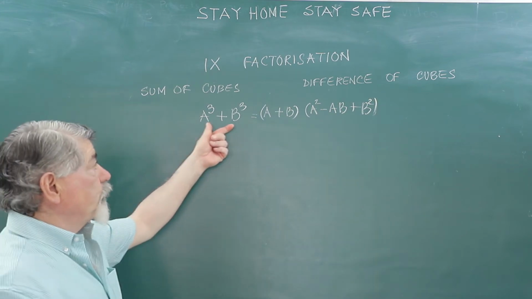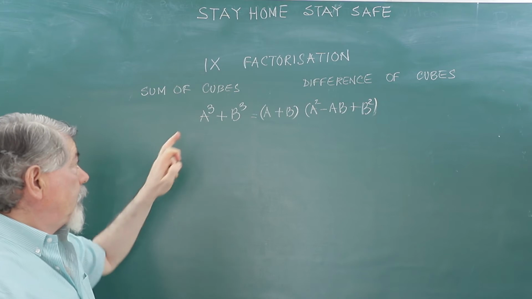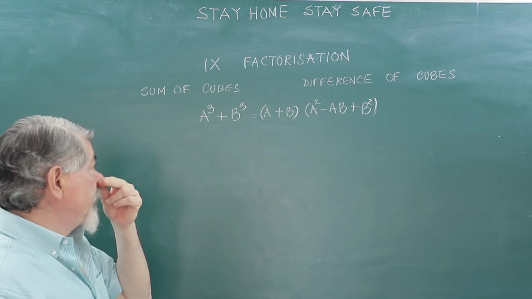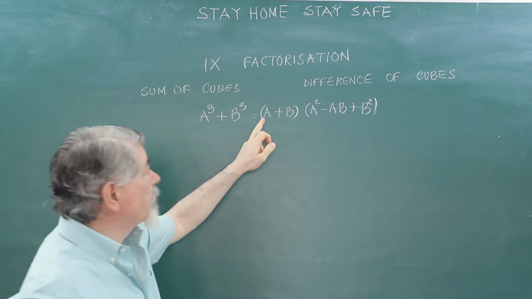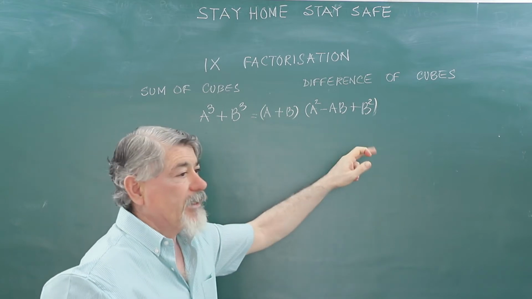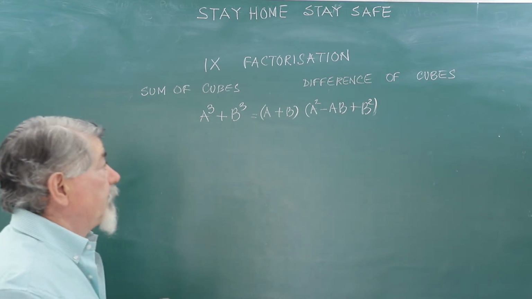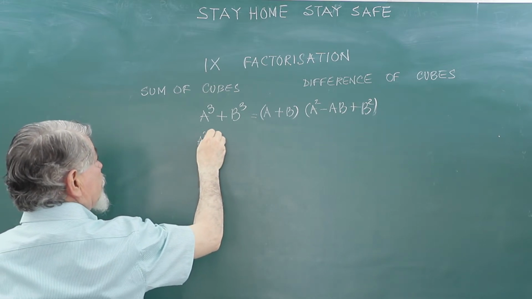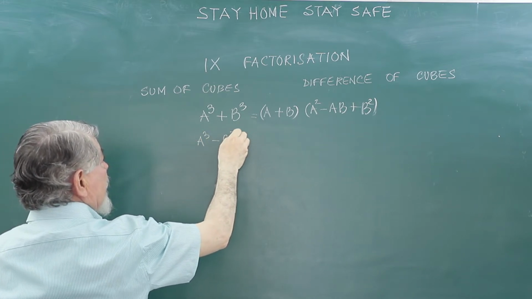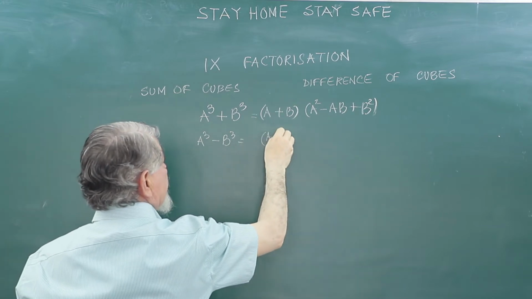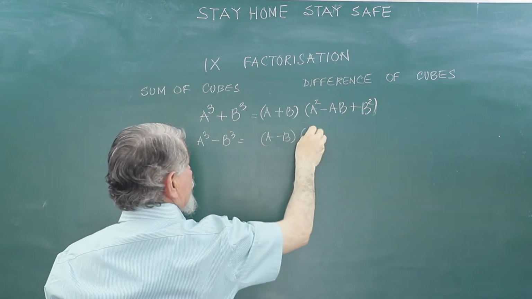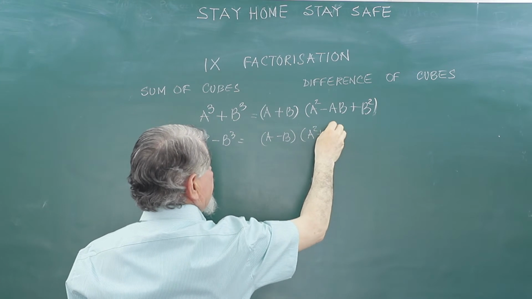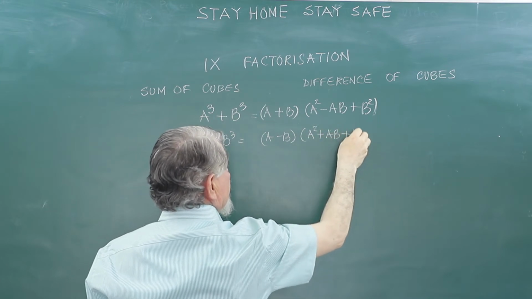So if two cubes are added, a cube plus b cube, then I'll get the factors as a plus b into a squared minus ab plus b squared. If I have the difference of cubes, that is a cube minus b cube, then I will get a minus b into a squared plus ab plus b squared.